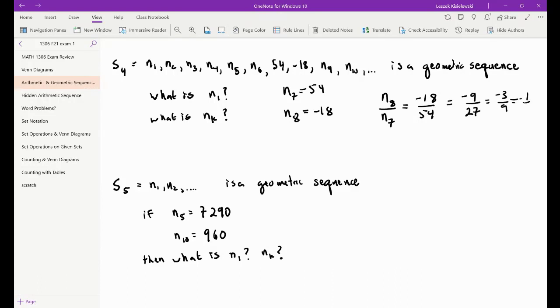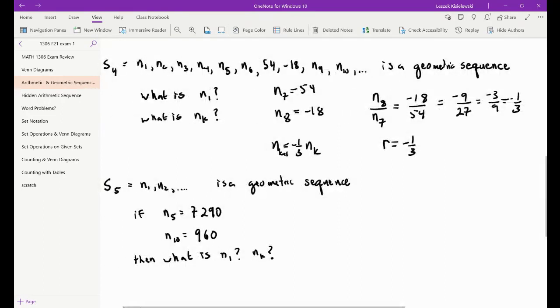So negative 1/3. Okay, so here it looks like we're generating the sequence by taking a term and multiplying by negative 1/3 to get the next term in the sequence. So I identified that common ratio. Let's write down negative 1/3. So how can we find n1 then?